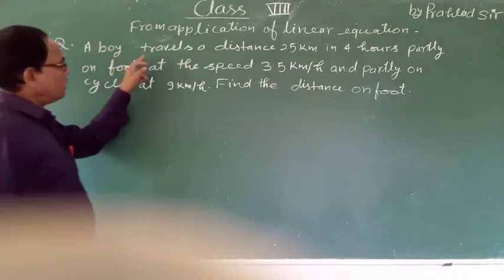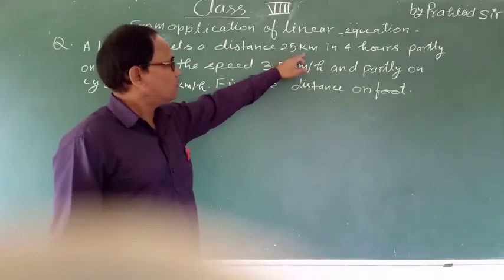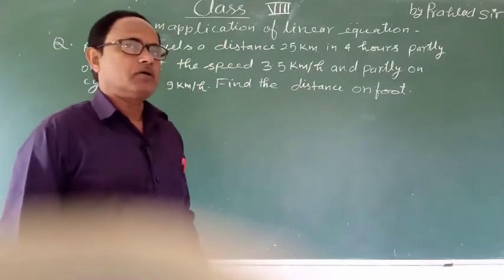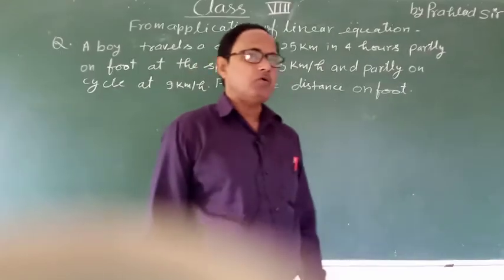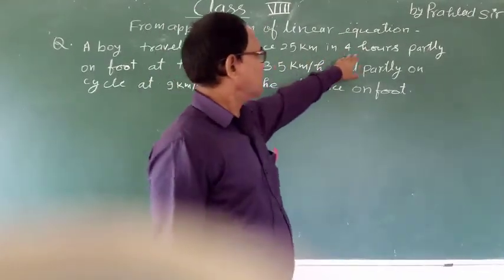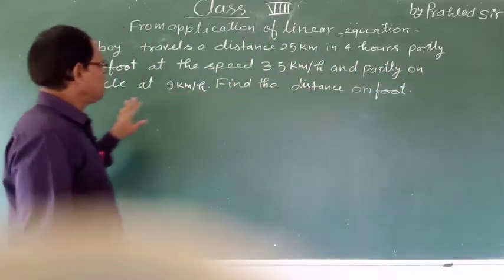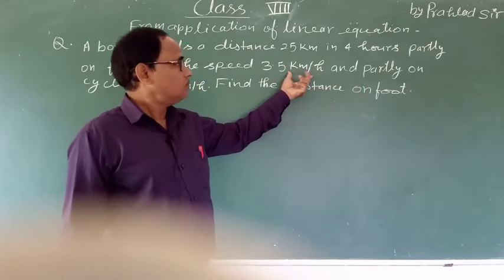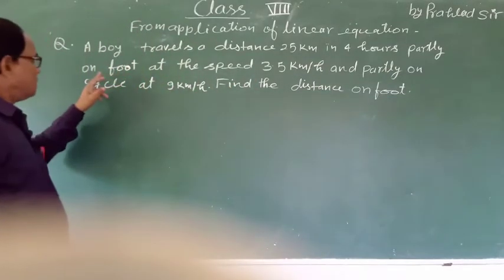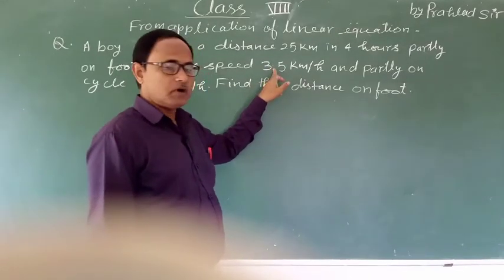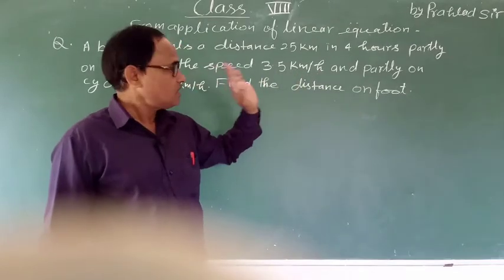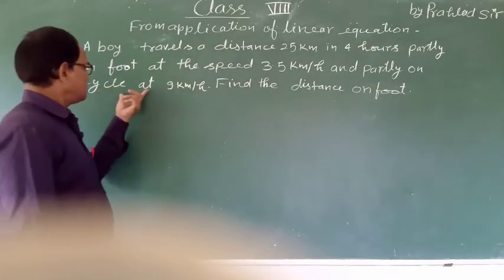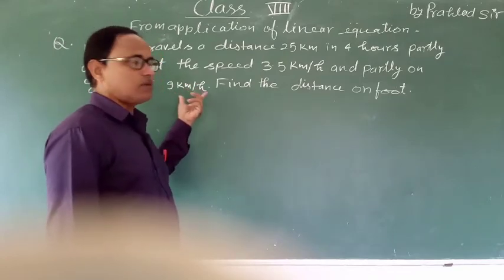A boy travels a distance of 25 km in 4 hours, partly on foot at the speed of 3.5 km per hour, and partly by cycle at 9 km per hour.